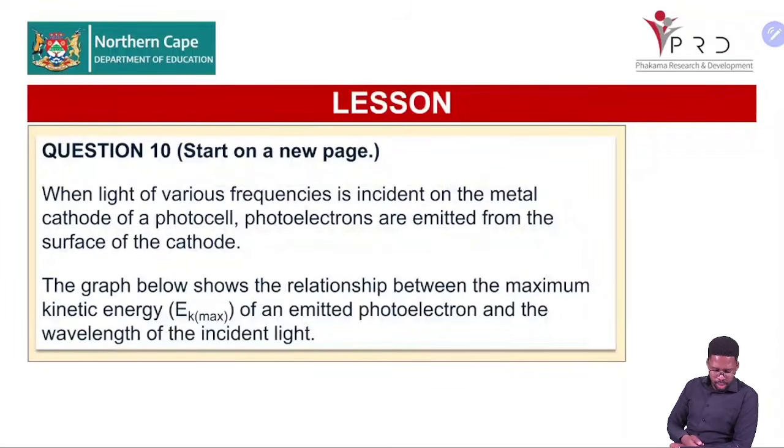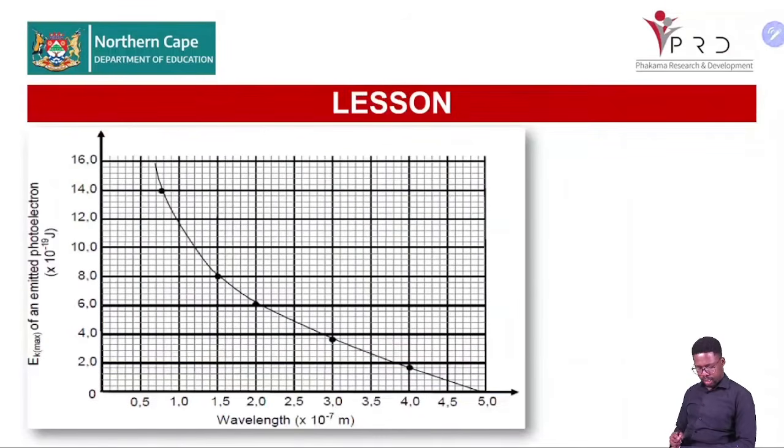Then, here is a question, it's question 10. When light of various frequencies is incident on the metal cathode of a photocell, photoelectrons are emitted from the surface of the cathode. We're having the graph that will show the relationship between EK max and wavelength. Let's look at the graph. Our y-axis is EK max.